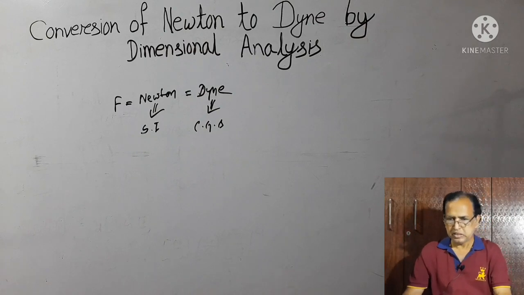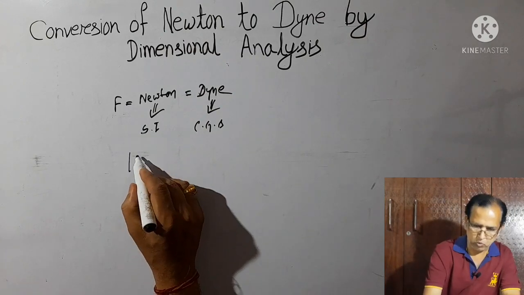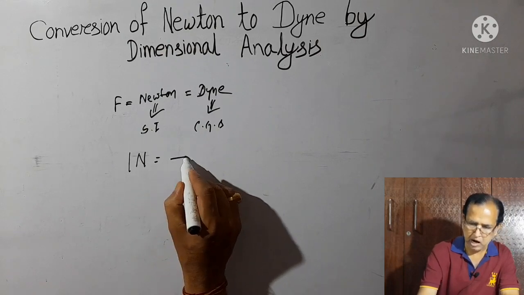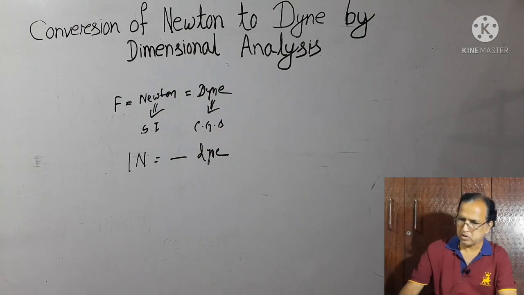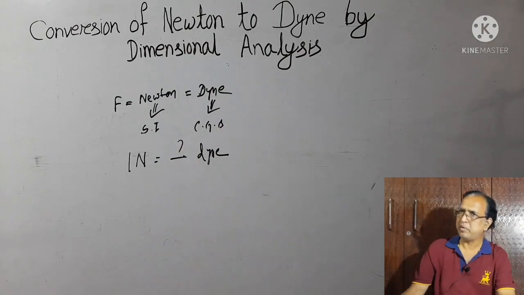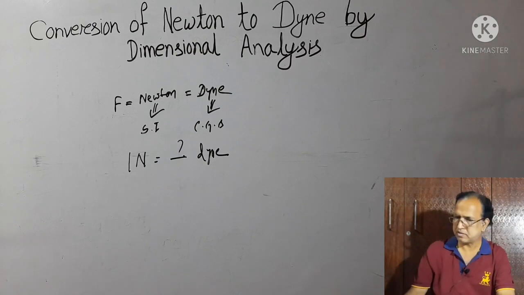For conversion, we find out 1 Newton is equal to how many Dyne. We can find this by the help of dimensional analysis.